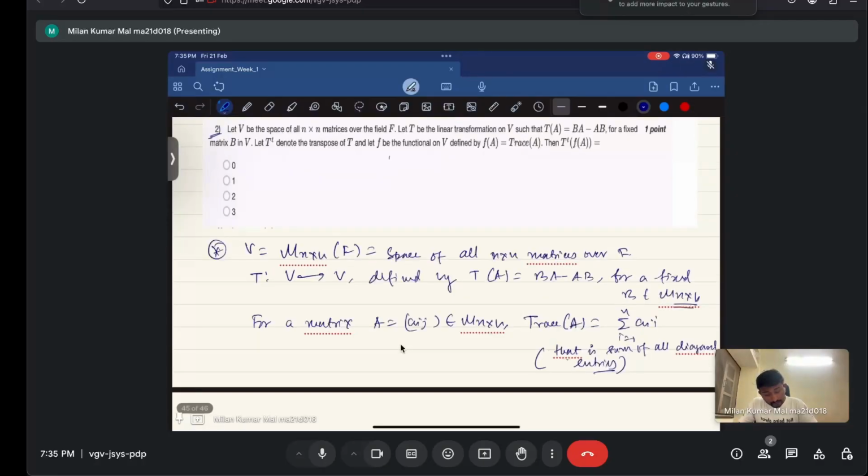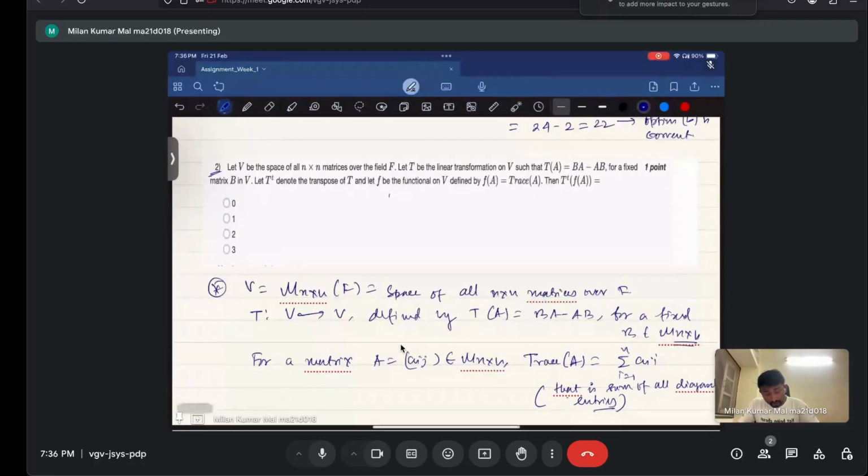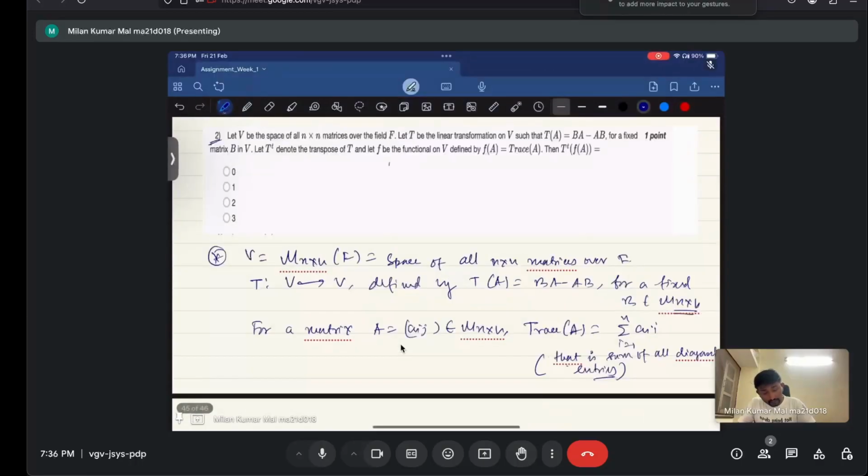Now what is the question here? Let T be the linear transformation.